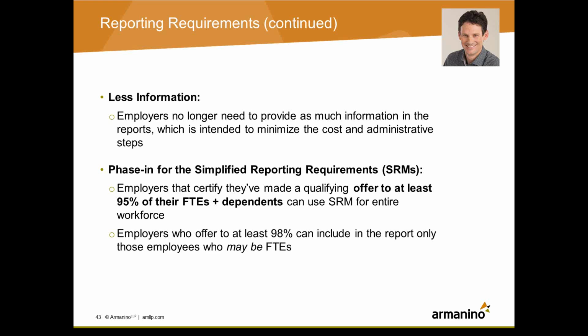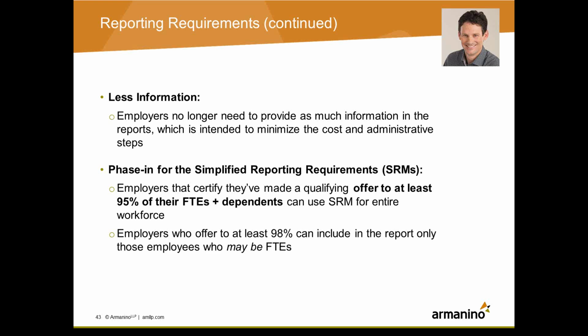And there's two pieces there. One, there's qualifying offers to each individual employee, and two, there's making a qualifying offer to at least 95% of your workforce. That transitions next year to 98% of your workforce. But what is a qualifying offer?